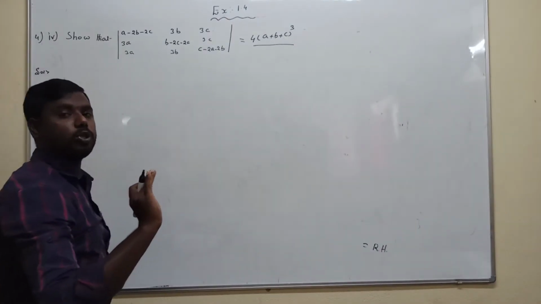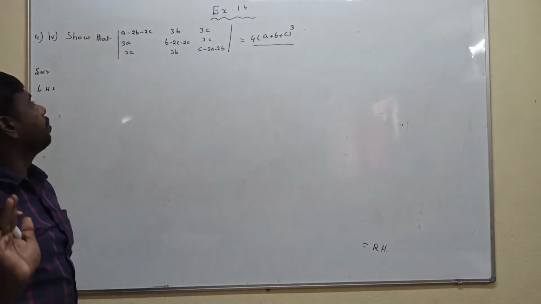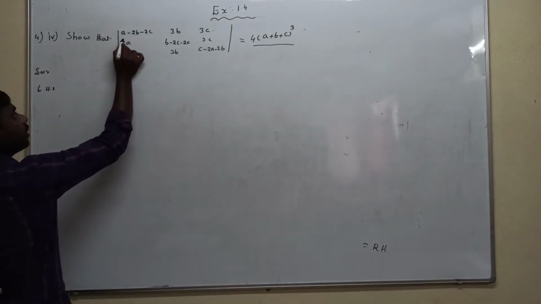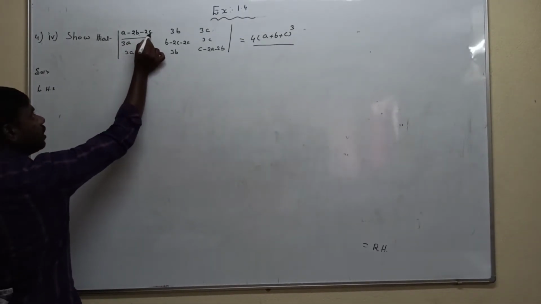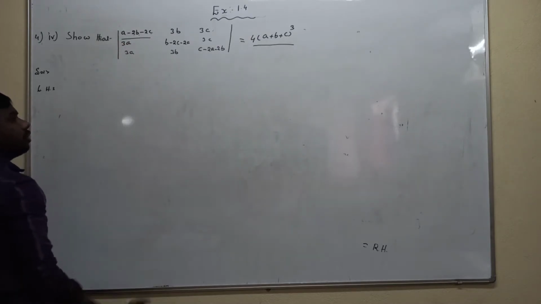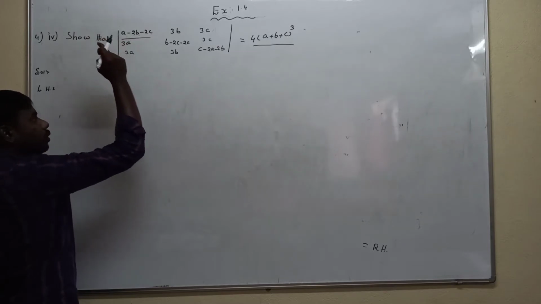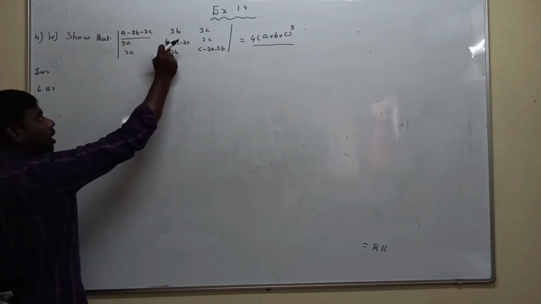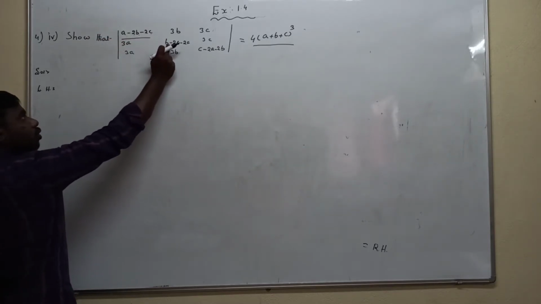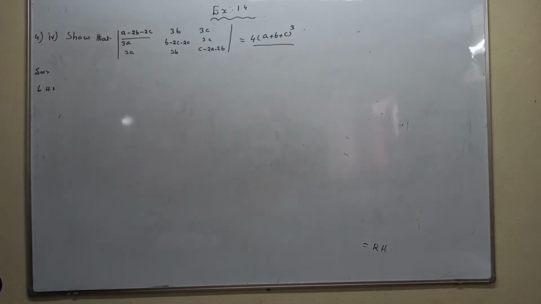Means first we have to observe 2 into (a+b+c). In this, b coefficient 2 is there, c coefficient 2 is there, a coefficient also 2. What to do: R1 changes to R1 minus R2, R2 changes to R2 minus R3. Same process here friends.